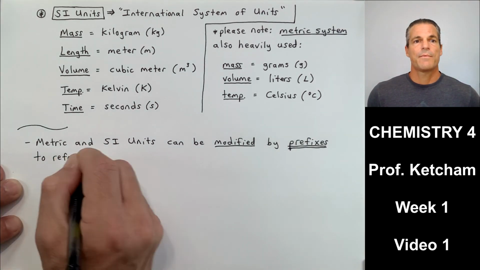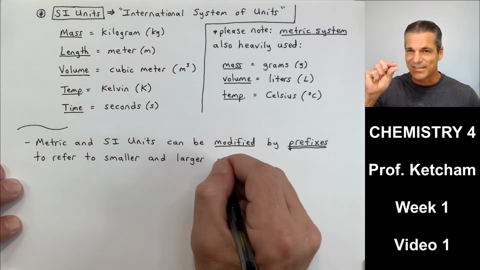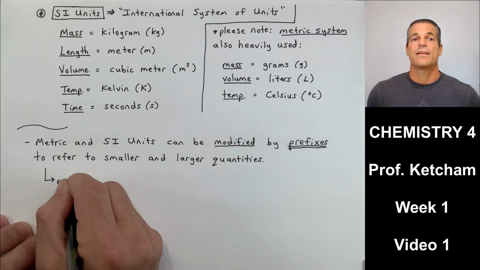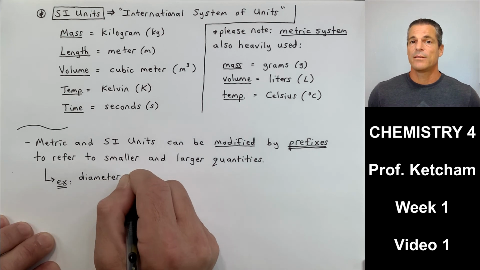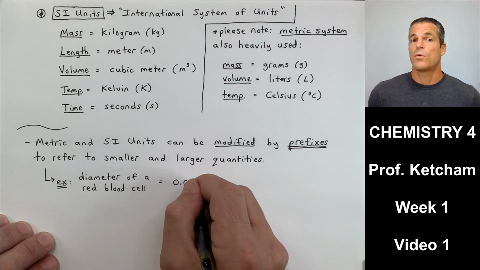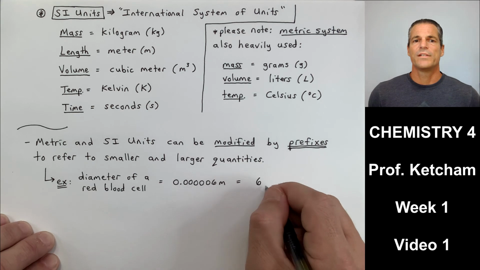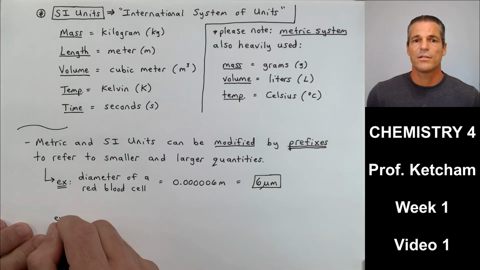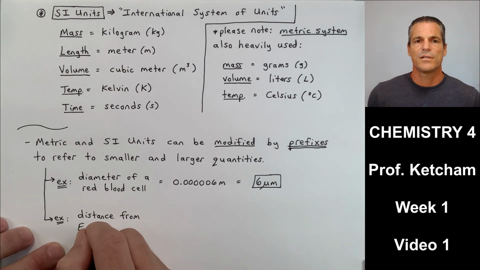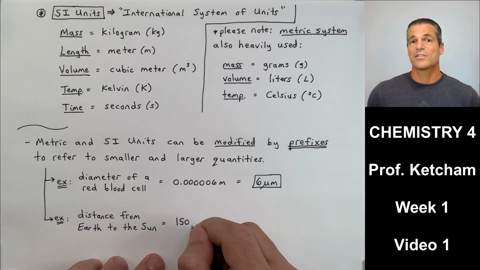Now, as I mentioned, some of the units up there are huge, way out of range for something as tiny as the diameter of an atom, right? So metric and SI units can be modified by prefixes to refer to smaller and even larger quantities. Example, the diameter of a red blood cell would be 0.000006 meters, or we could just say it's 6 micrometers.